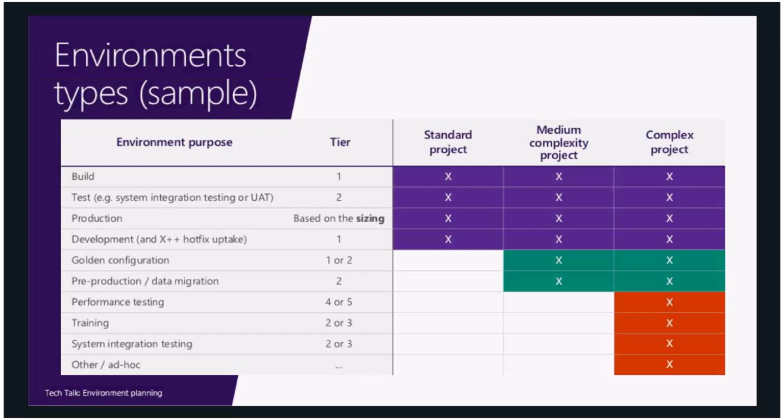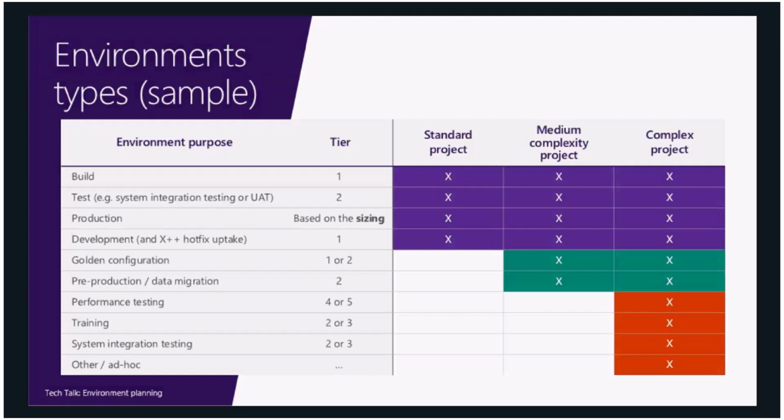In standard projects, what we see most of the time is that they will use the standard environments, the tier 1 to build, the tier 2 to do the UAT, production to operate, and they will just add an extra one to take any X++ hotfix.